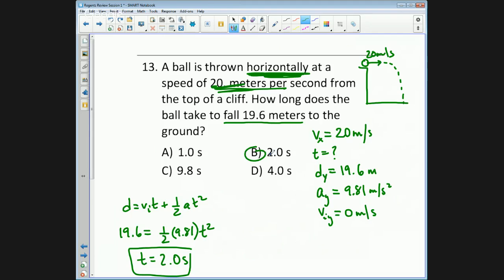So that would be B. Notice your answer here is t squared. If you just left it at t squared equals 4 seconds, and look, there's an answer there for 4 seconds. But you need to remember that you're solving for t, not t squared. So you have to make sure that you take the square root for this case.